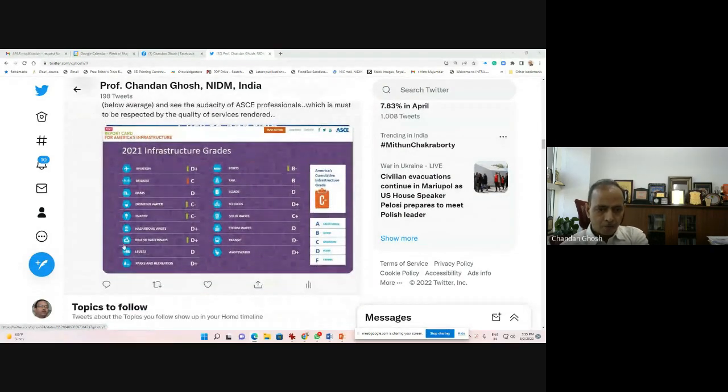But taking up infrastructure of the category like this and working together and then categorizing our infrastructure, what is the current grading that you can give, the grading that we do for our students, similar grading for our infrastructure. So this is something that a report came up in the year 2021, meaning last year.